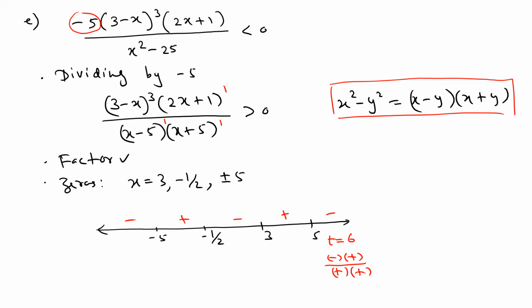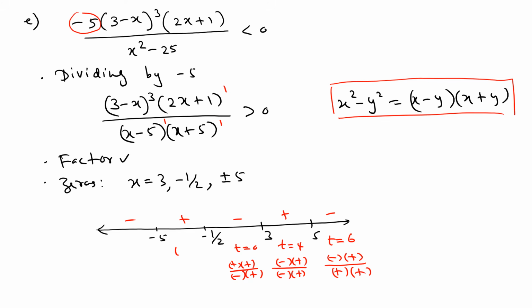You can also check this by plugging in some values. For example, if you plug in t equals 4, you get minus, plus, and then minus, plus. If you plug in t equals 0, you get plus, plus, and then minus, plus.